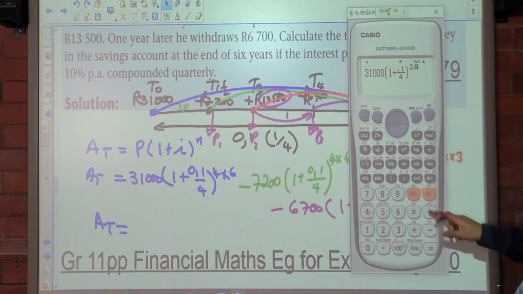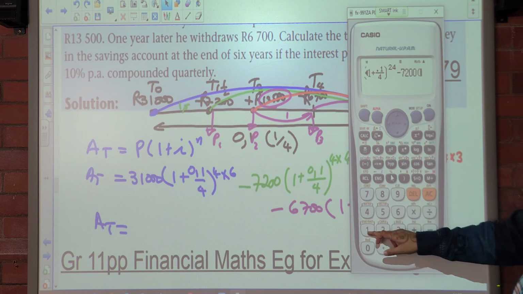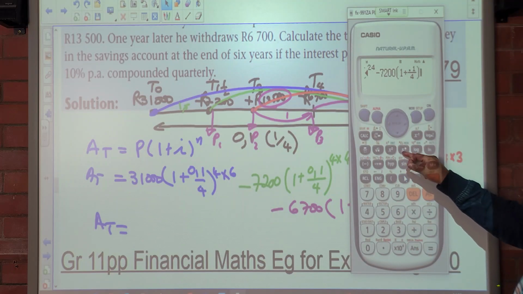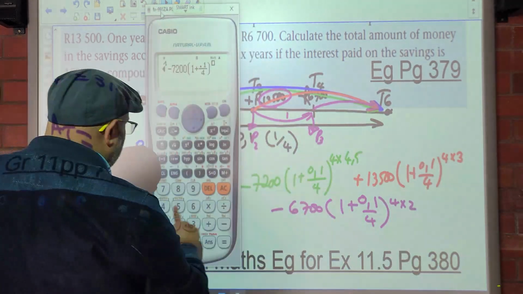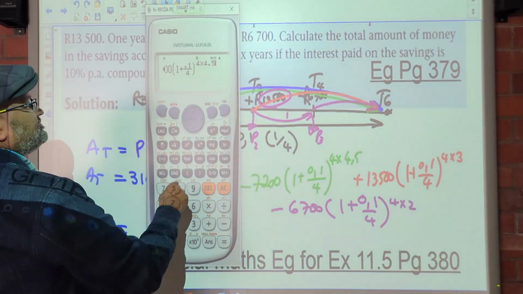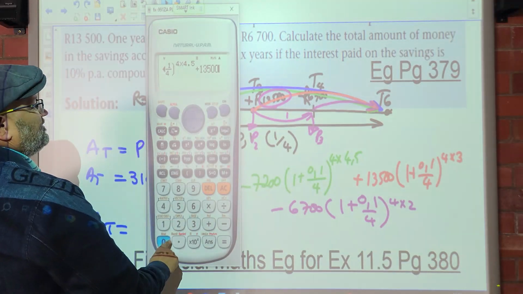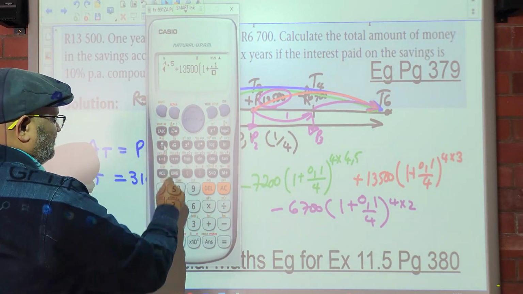You want to agree with that? Minus 7,200 into 1 plus 0.1 over 4 to the exponent 4 times 4.5 plus 30,500 into 1 plus 0.1 over 4.